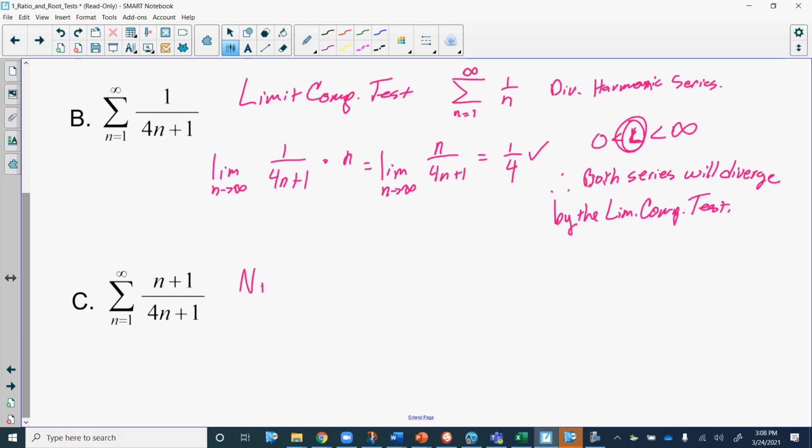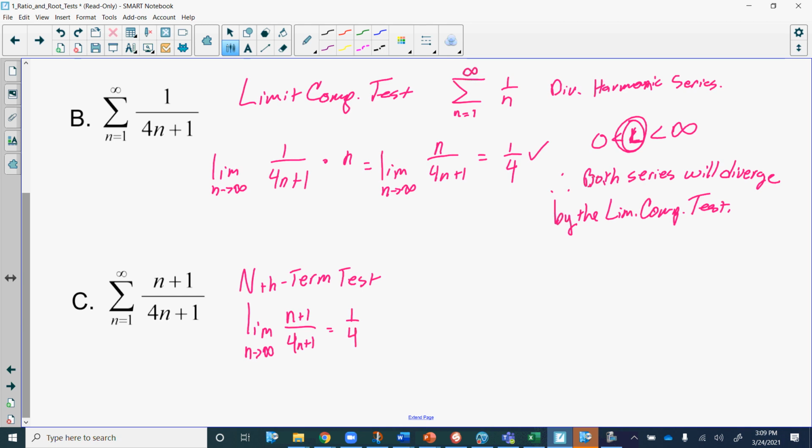Here I'm looking at the nth term test, where in this case, the limit as n approaches infinity of n plus 1 over 4n plus 1. And again, technically we need to use L'Hopital's rule to show that the limit in this case is going to simplify to be 1/4, but that's what the limit is going to be. And since 1/4 is not equal to 0, I can say the series will diverge.